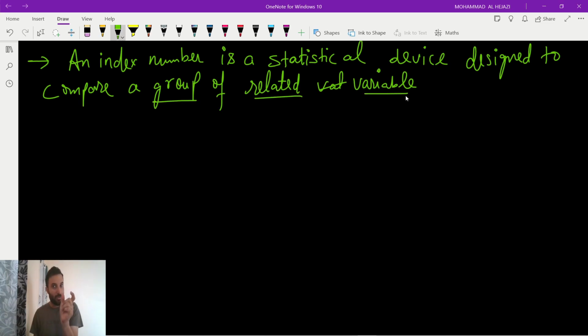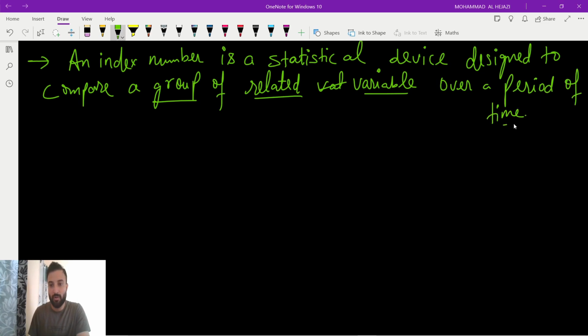You can't compare price and quantity, right? Price of the previous year and price of the current year, quantity of the previous year and quantity of the current year. That's why they say group of related variables, over a period of time. We know it is based upon time only.